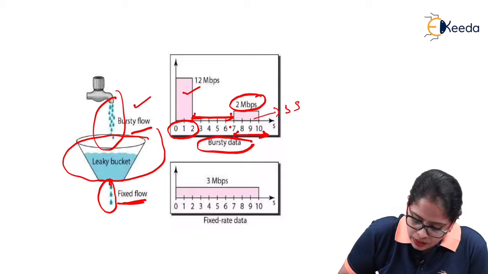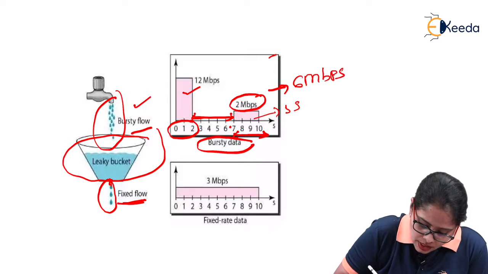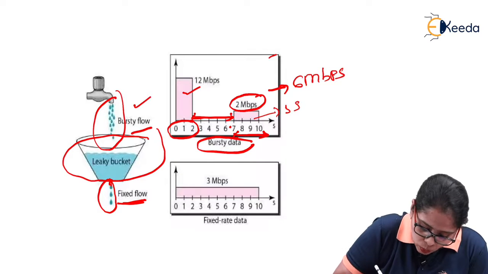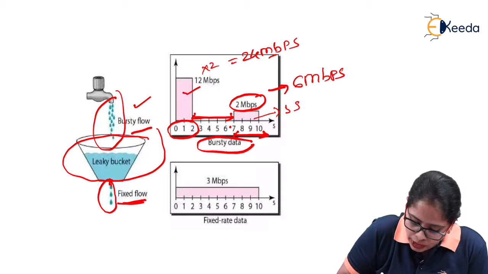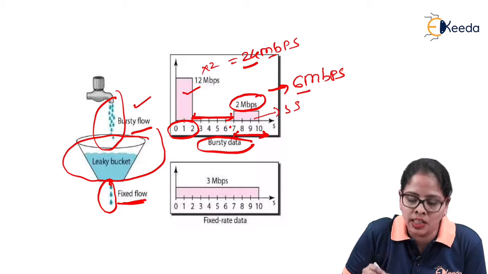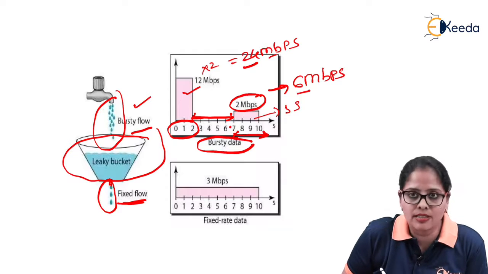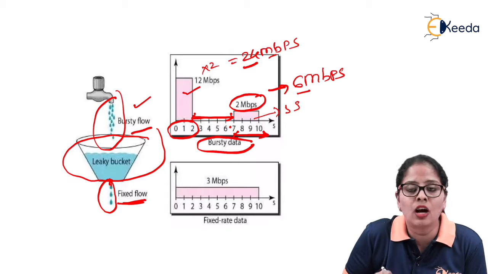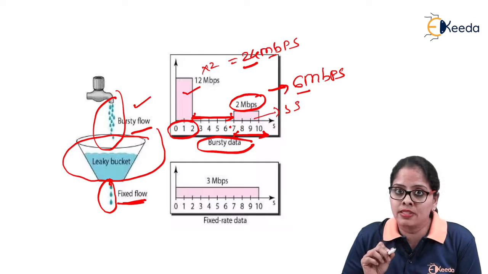So this data will be 6 Mbps, and this is 12 into 2, so it will be 24 Mbps. How much is he sending? 24 plus 6 is 30 Mbps. And for how many seconds? From 0 to 10 seconds. So in the 10 seconds, he sent in total 30 Mbps of data.